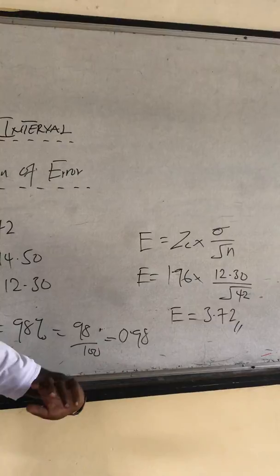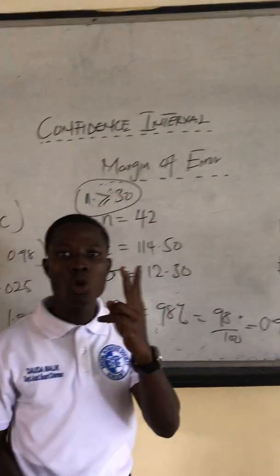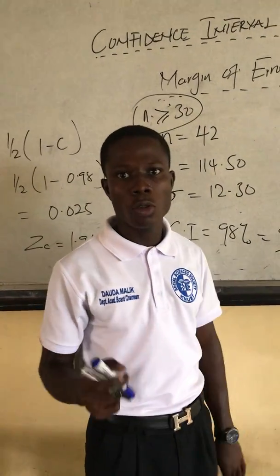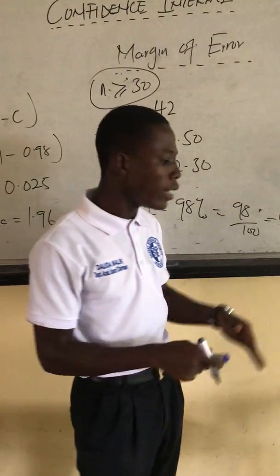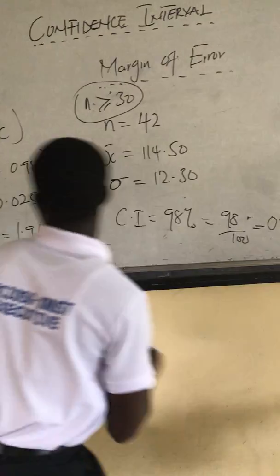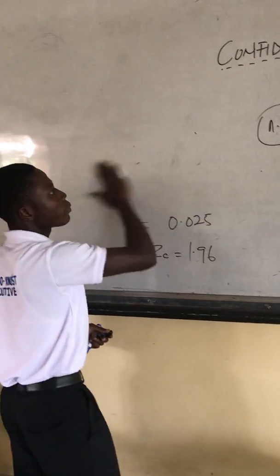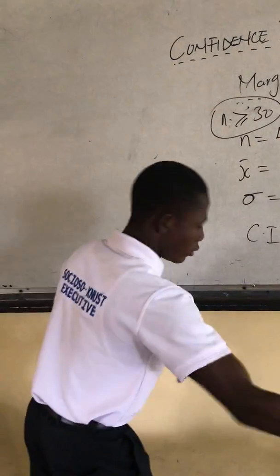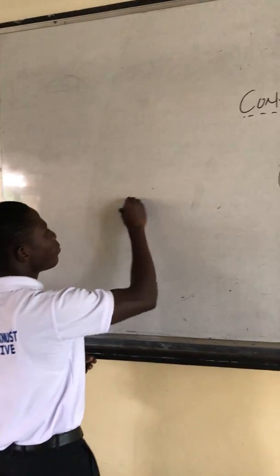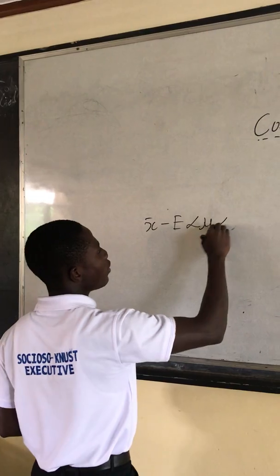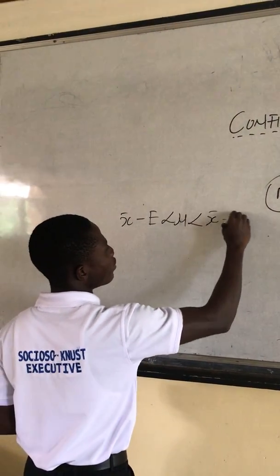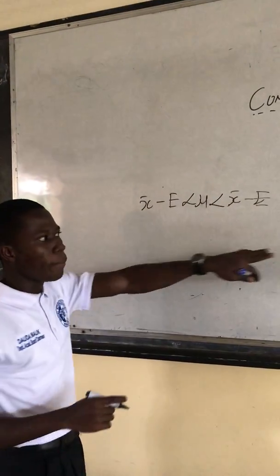And I said that with confidence interval, we had two answers, one on your right and one on your left. It means I have to interpret this answer. The interpretation is where we have x bar minus E less than mu less than x bar plus E. The x bar is the mean in the question.